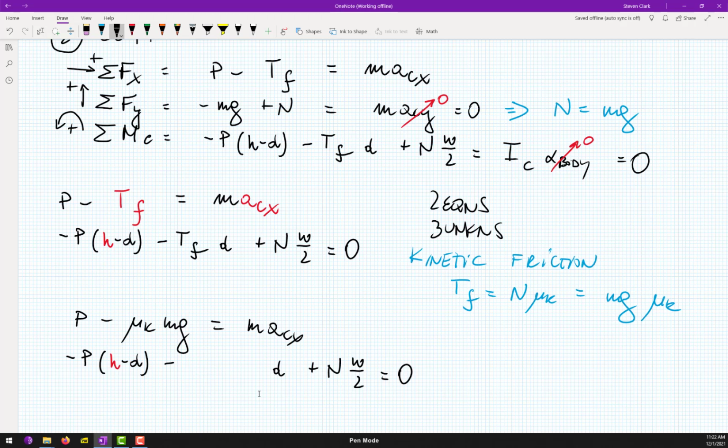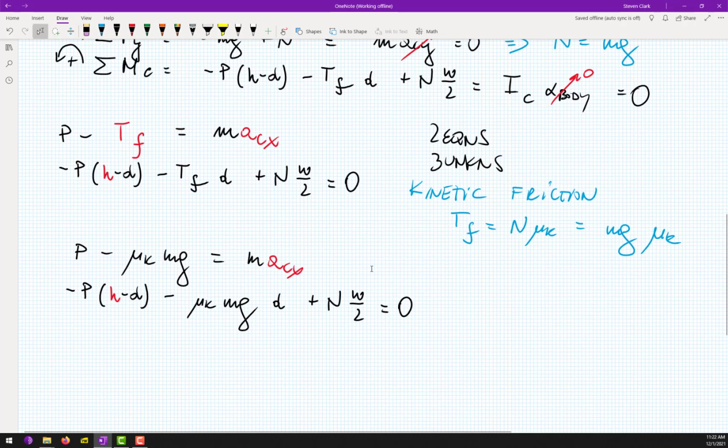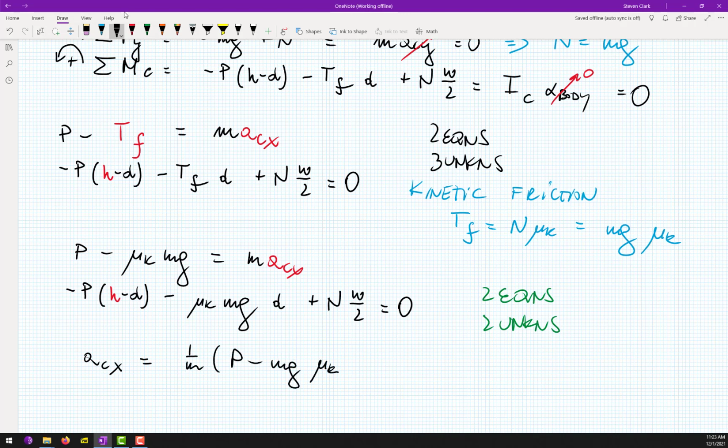Okay, so it's mu k mg. So we have 2 equations and 2 unknowns. Solvable. Okay, so if you solve it, you will end up with acx equal to 1 over m times P minus mg mu k.